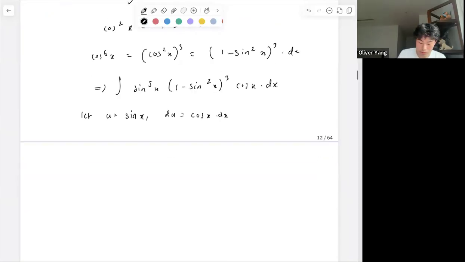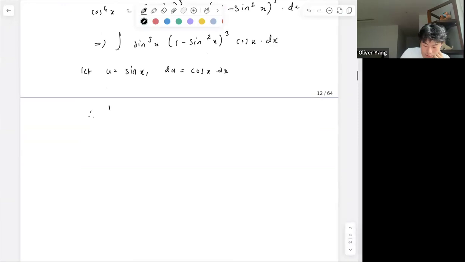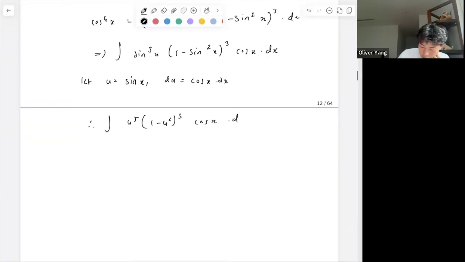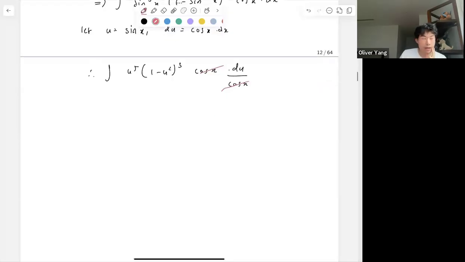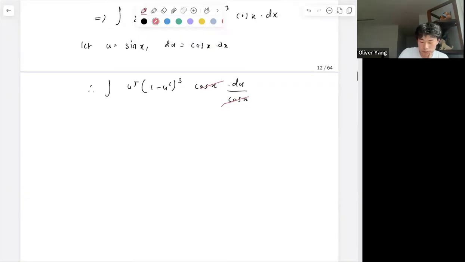Then we can just replace everything by u. So therefore our integral becomes u to the power of 5, (1 minus u squared) to the power of 3, cos x du over cos x. And you can see that the cos x is just cancelled, right? So that's nice. Then we just expand. So we want to know what this expansion is.